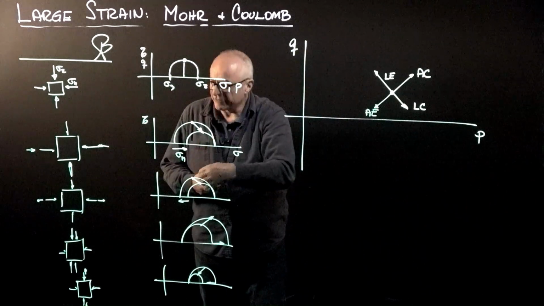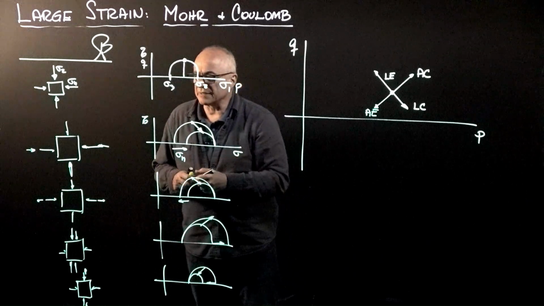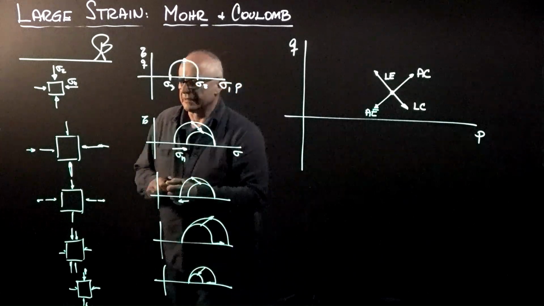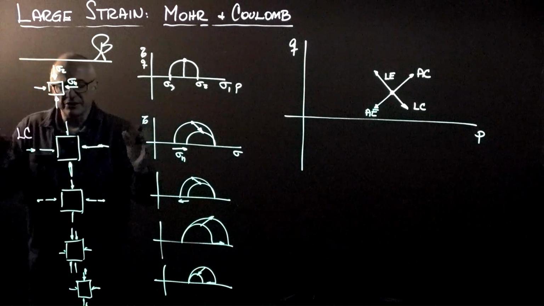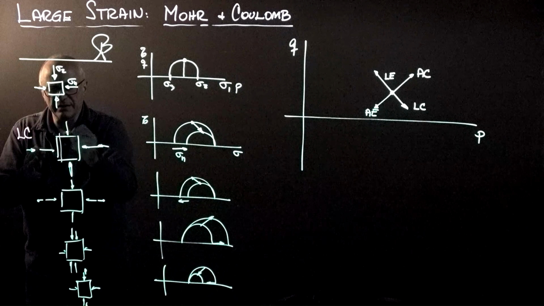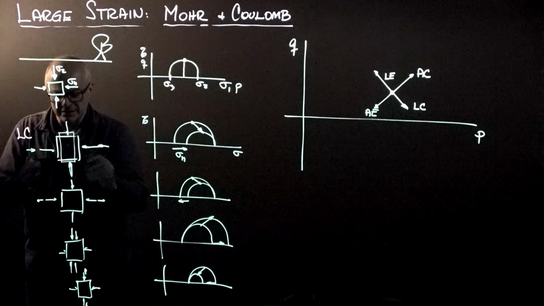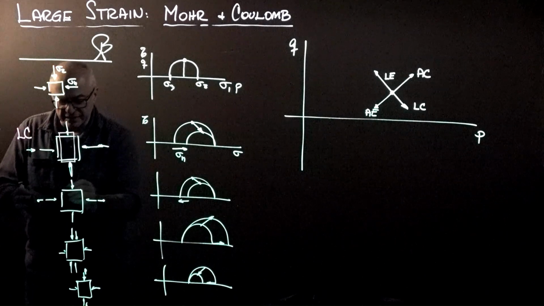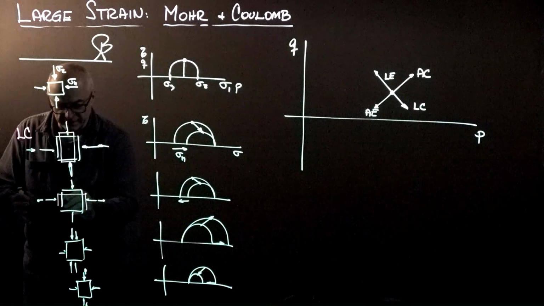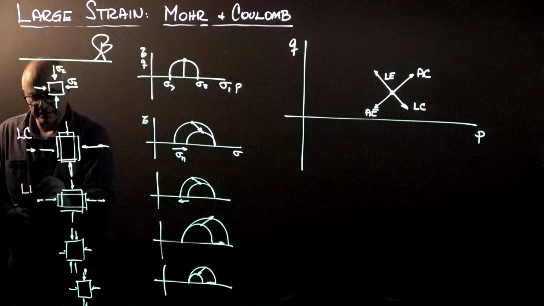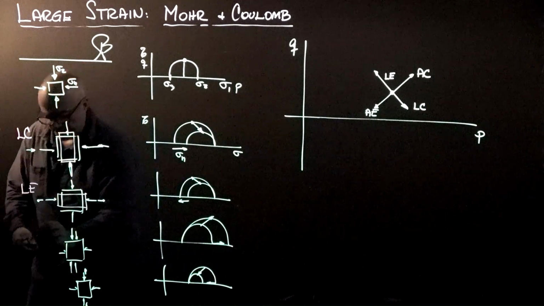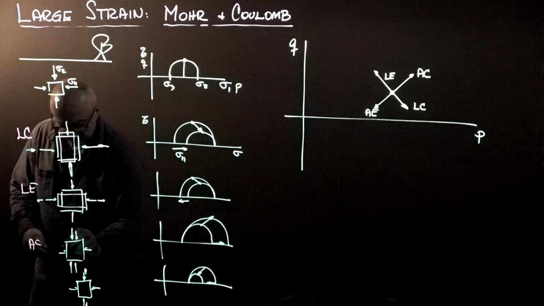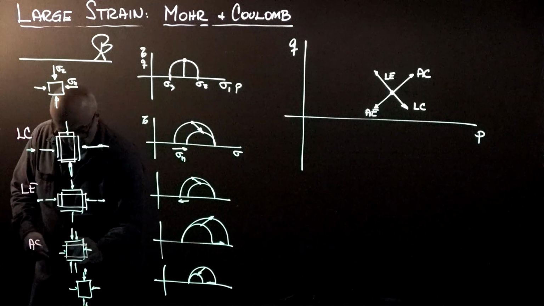Let's infer how these elements are going to evolve. This first case was lateral compression, and the element is going to get thinner and taller. This case, lateral extension, is going to get shorter and wider. This is for axial compression: the element is going to get shorter and wider.